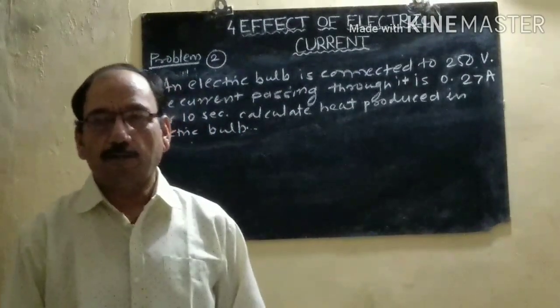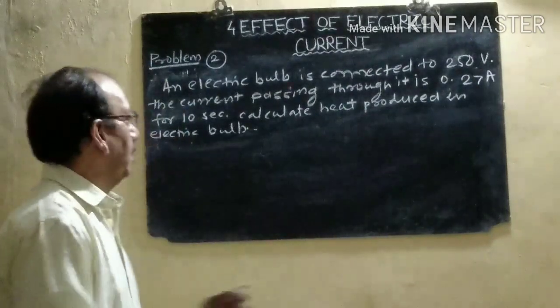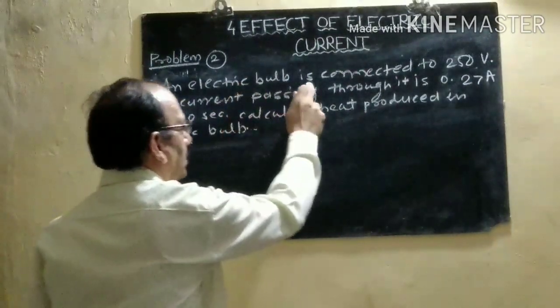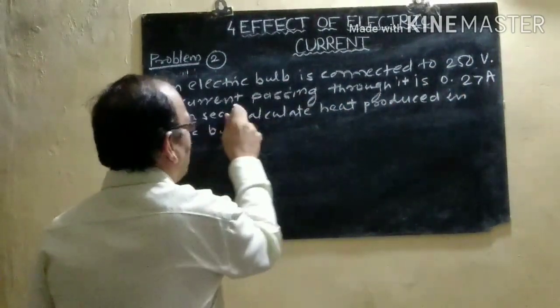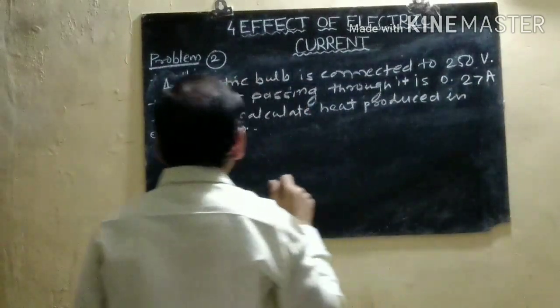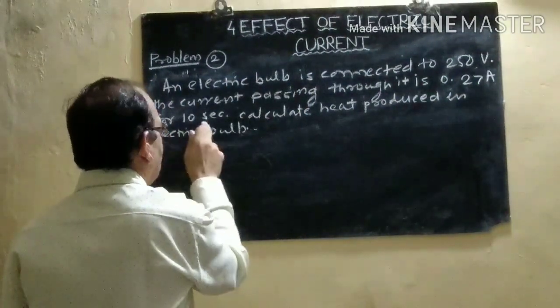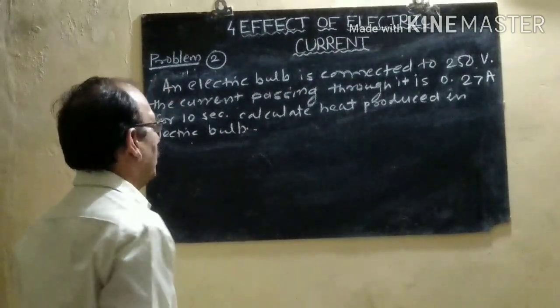We solve another problem based on heating effect of electrical current. An electrical bulb is connected to 250 volt. The current passing through it is 0.27 ampere for 10 seconds. Then calculate the heat produced in the electrical bulb.